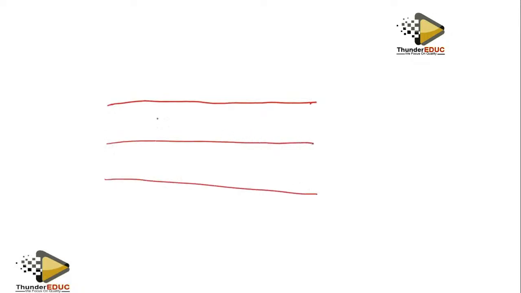Okay. So we are looking at the lines of latitude and lines of longitude. The latitudes are drawn like this. You can see that they are running horizontally from west to east, but increasing to the south.